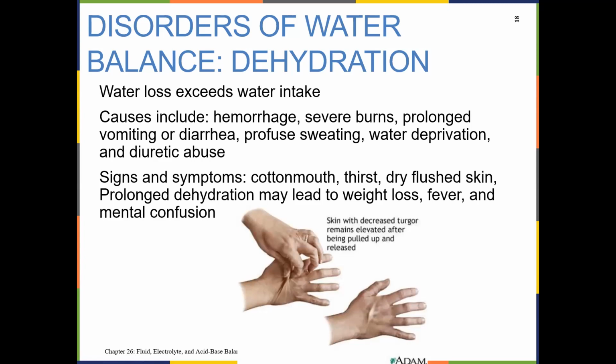We lose water faster than we can take it in. Obviously, your patient that has internal bleeding is going to have water loss. Severe burns, water oozes from the tissue, vomiting, diarrhea, diuretic abuse. People take diuretics as a weight loss tool, believe it or not.